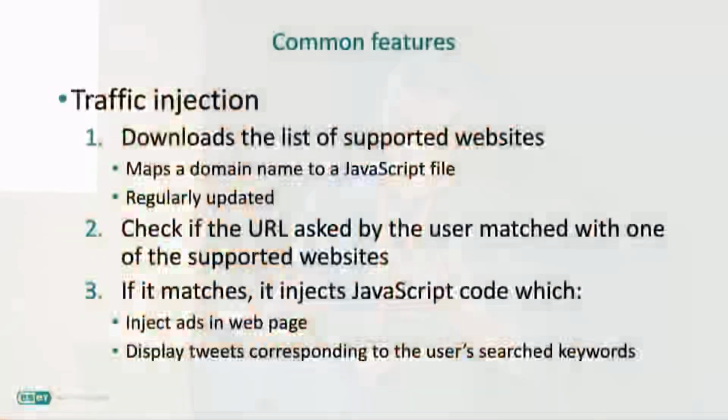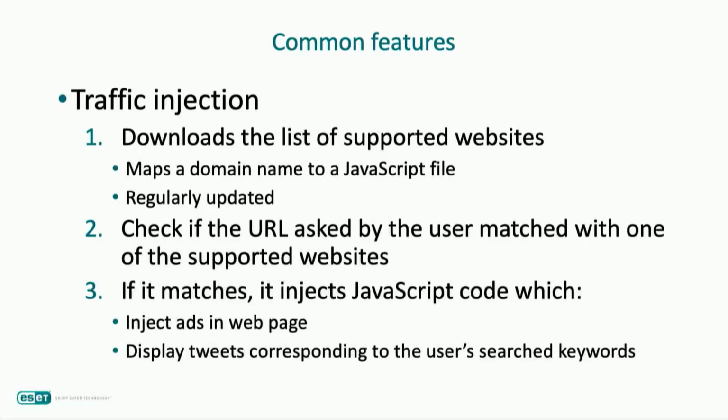Regarding the features, each version finally does the same thing, and injects a remote JavaScript code in the user's web traffic. The difference between each version resides in the technique used to perform the traffic interception. Once the software is able to perform the interception, it downloads a list of supported websites.